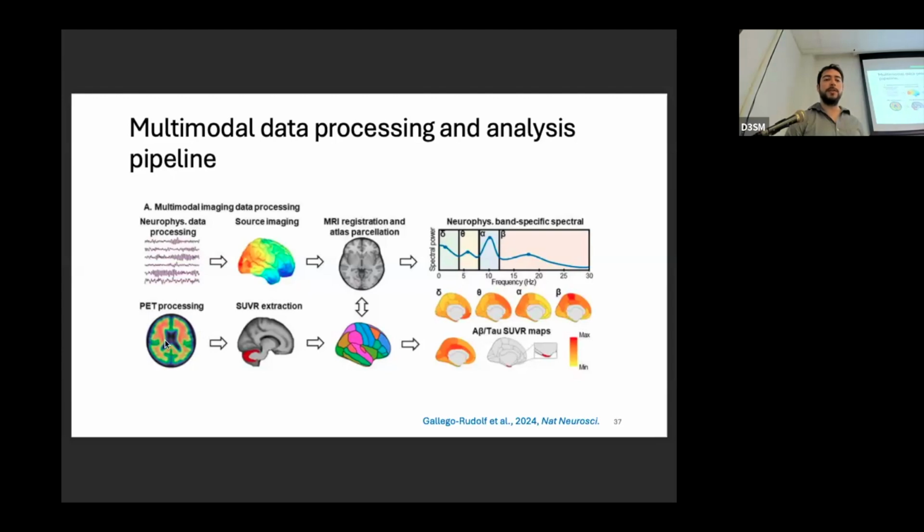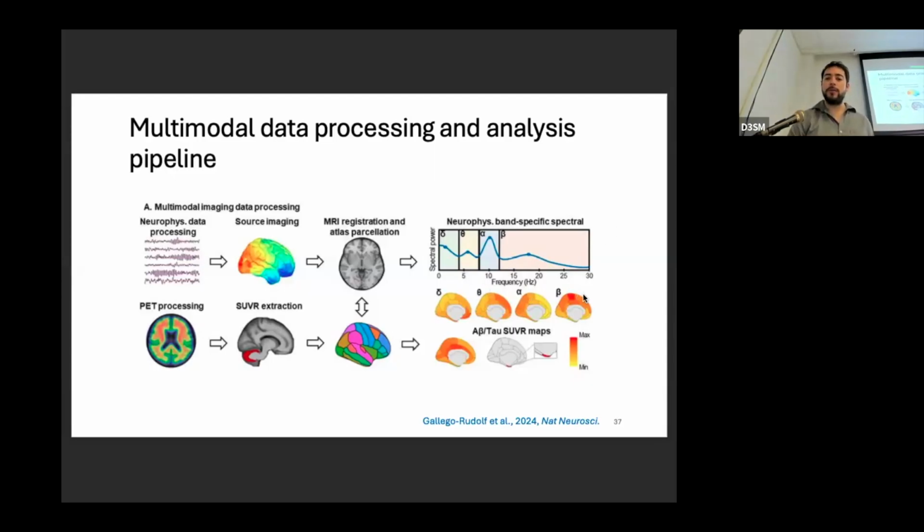And in parallel, for the PET imaging analysis, we pre-process the data, we align the images, we correct for motion, and we can quantify the tracer uptake based on taking a reference region that has no amyloid and tau deposition in theory, such as the cerebellum. And then we can have a quantification of the tracer binding that is going to be reflecting the amount of amyloid and tau that we have in different brain regions.